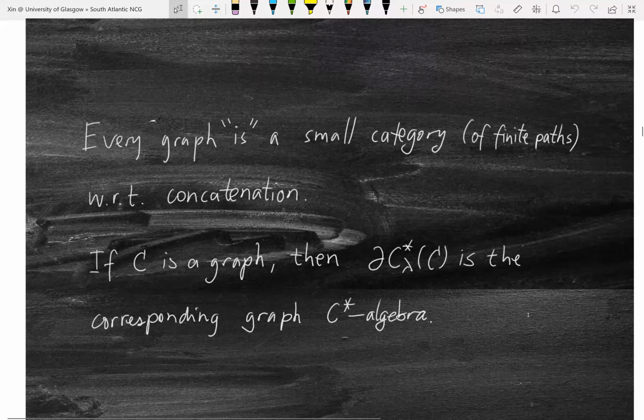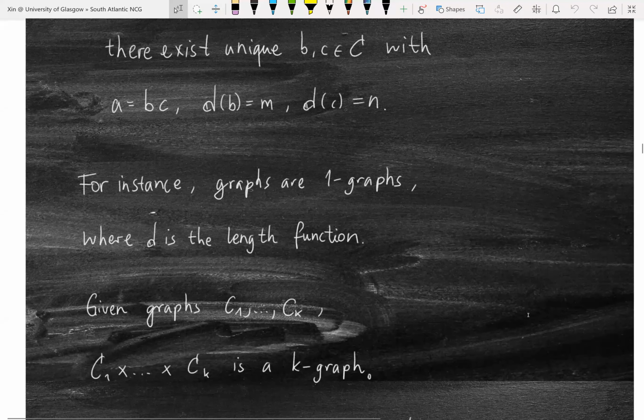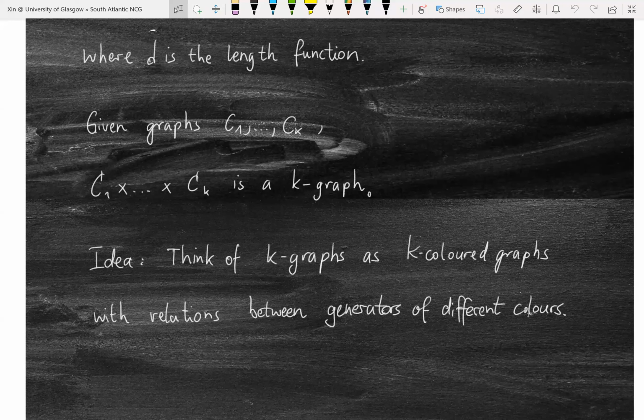And as before, you can take these objects and construct C-star algebras, and the C-star algebras people have constructed coincide with these boundary quotients of the left regular C-star algebras I showed you. So that's another class of examples.